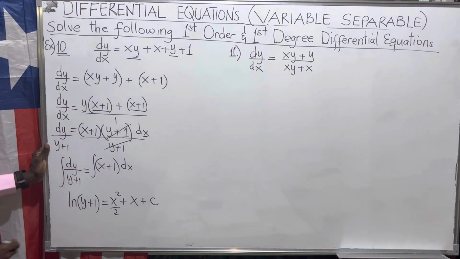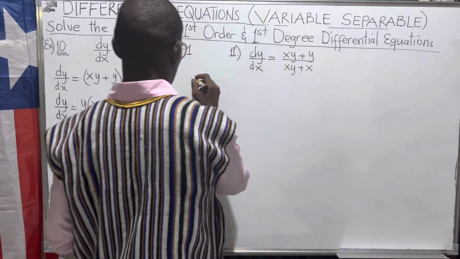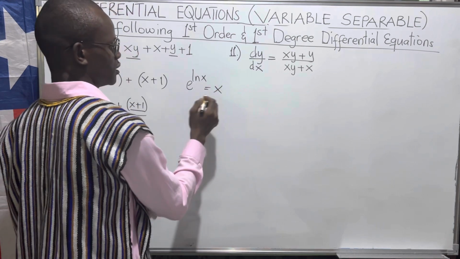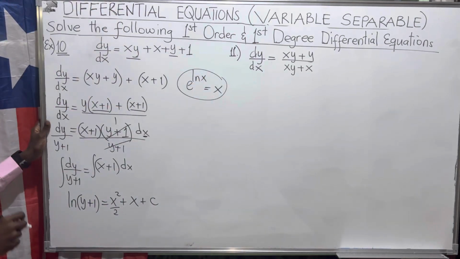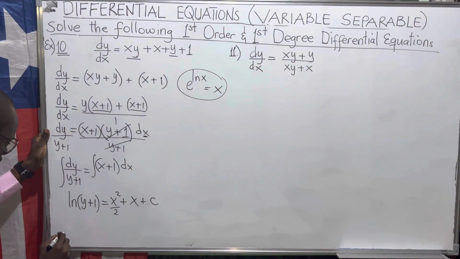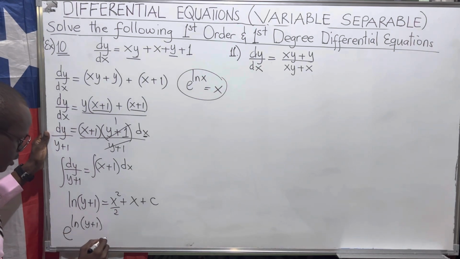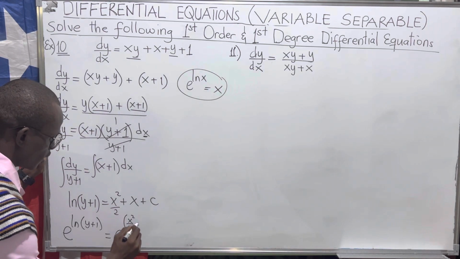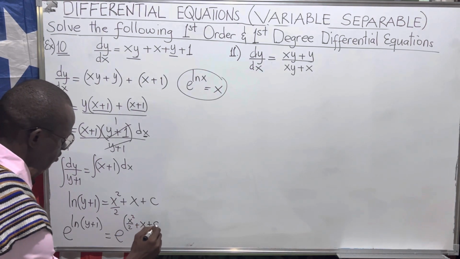So what we could do, we could bring in a property that states that e raised to the ln of x is equal to x. So since we want to apply that property, we can say e raised to ln of y plus 1 equals e raised to x squared over 2 plus x plus some arbitrary constant c.